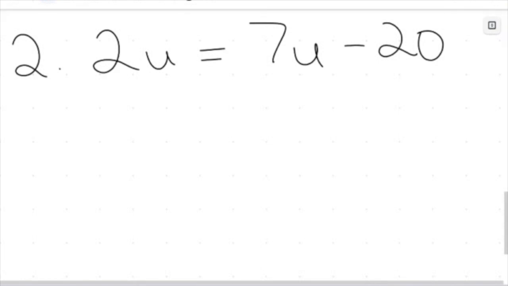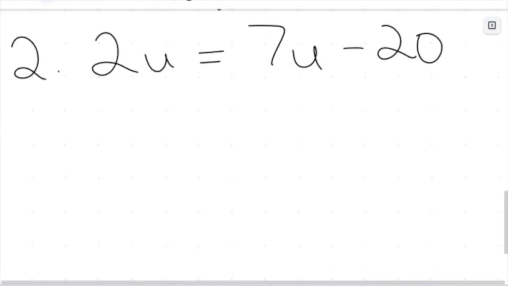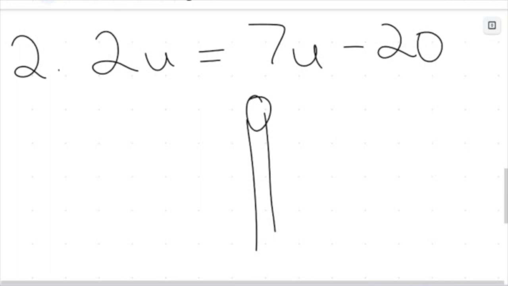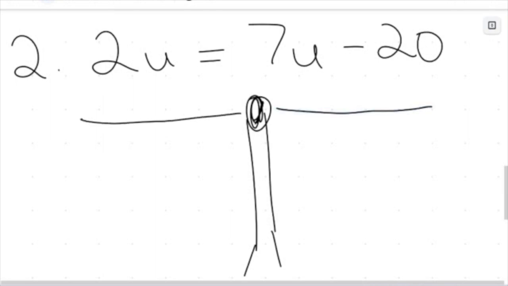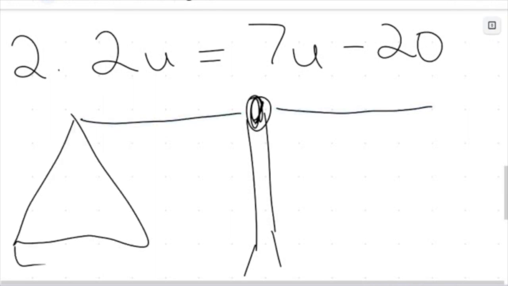It's hard for me to visualize this, but I'm just going to try to give you guys the idea. I'll draw my little dodgy scale here, just to give you an idea of how we could possibly work with negatives here.